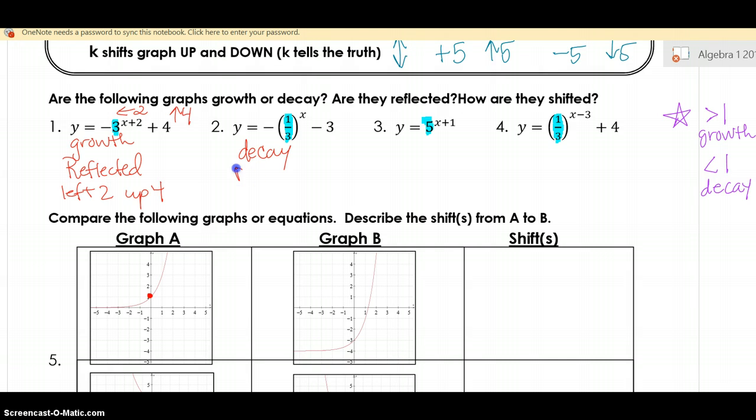Because of the negative. Do we shift left and right? No. There's nothing added or subtracted to x. Okay? But the -3 tells us that we shift where? How do we shift that? Down 3, right?